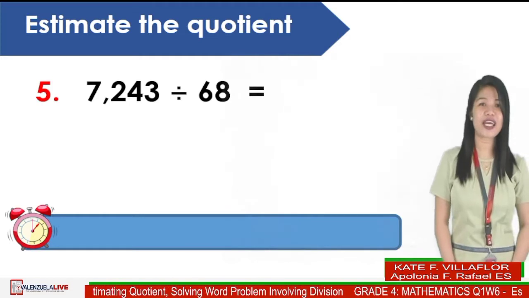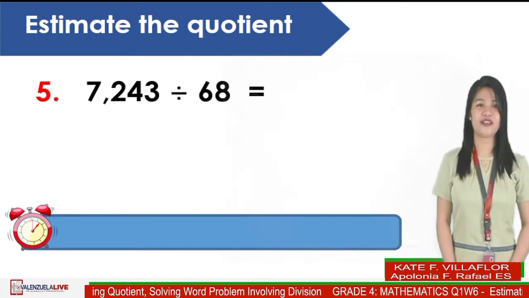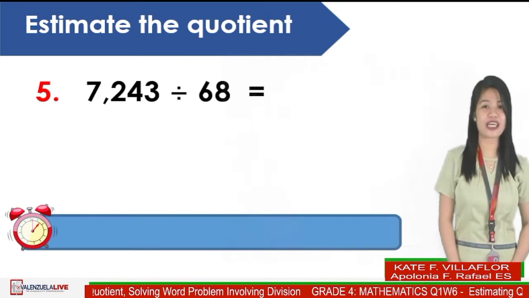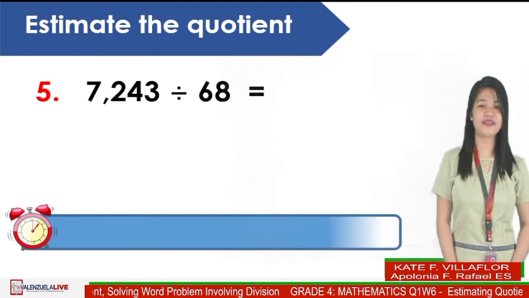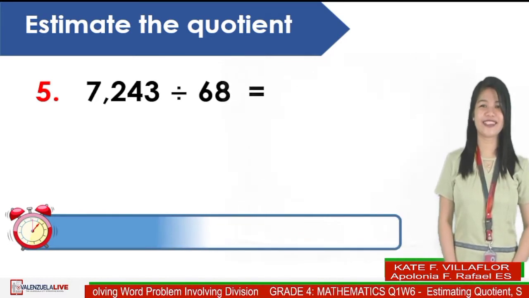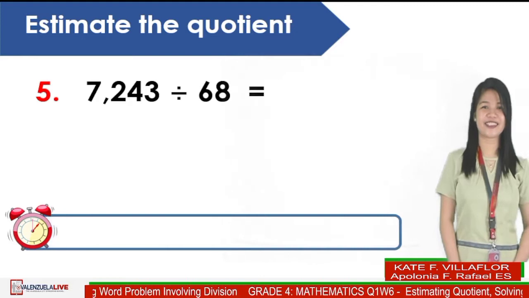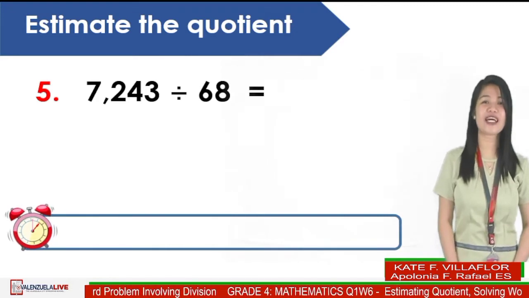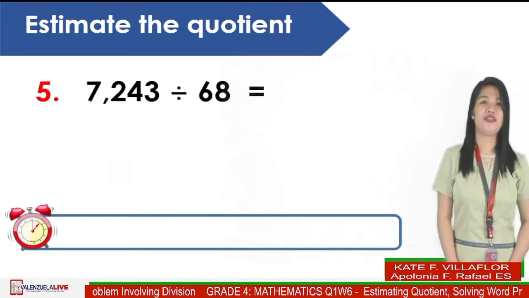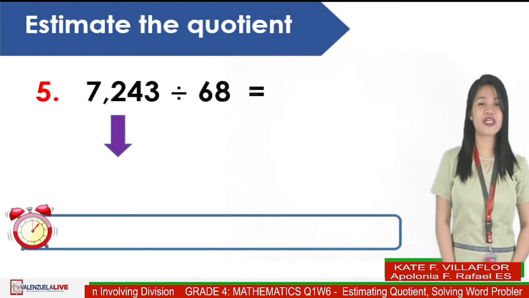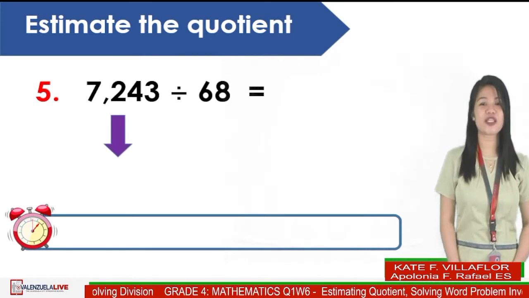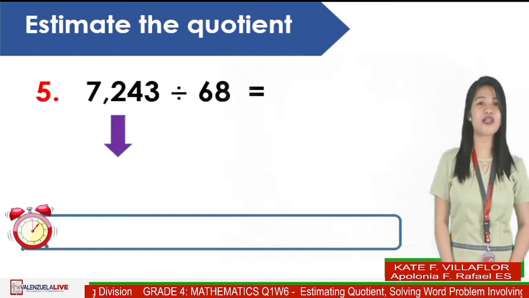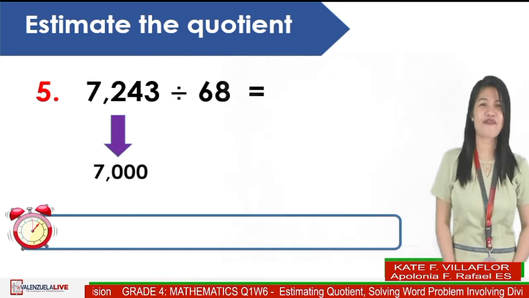Let's have number 5. 7,243 divided by 68. I'll give you 5 seconds to answer. Okay, time's up. First is to round up the dividend. 7,243. We round up, the answer is 7,000.